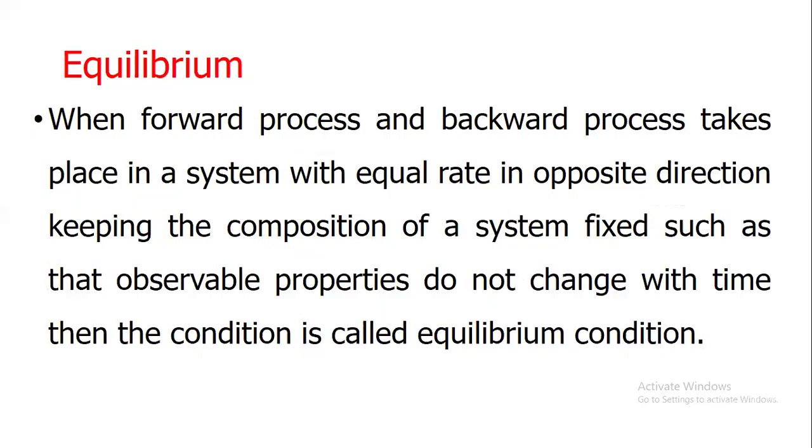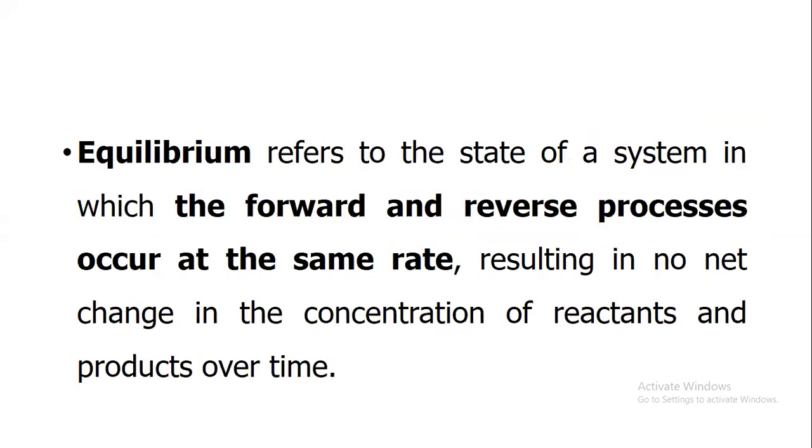Equilibrium: when the forward process and backward process take place in the system with equal rate in opposite directions, keeping the composition of the system fixed such that observable properties do not change with time, then the condition is called equilibrium condition.